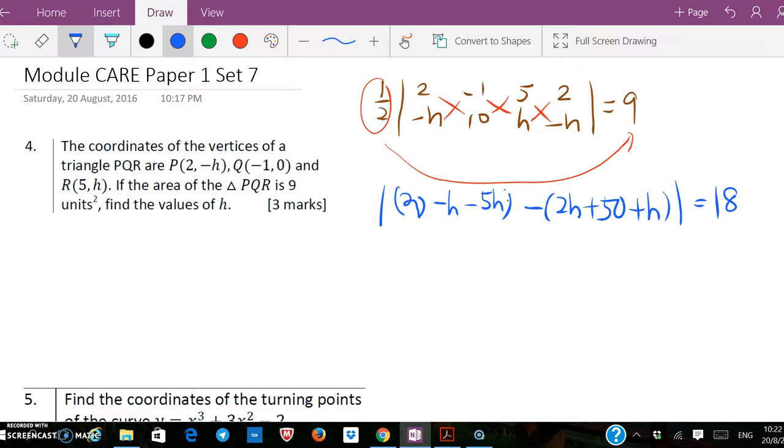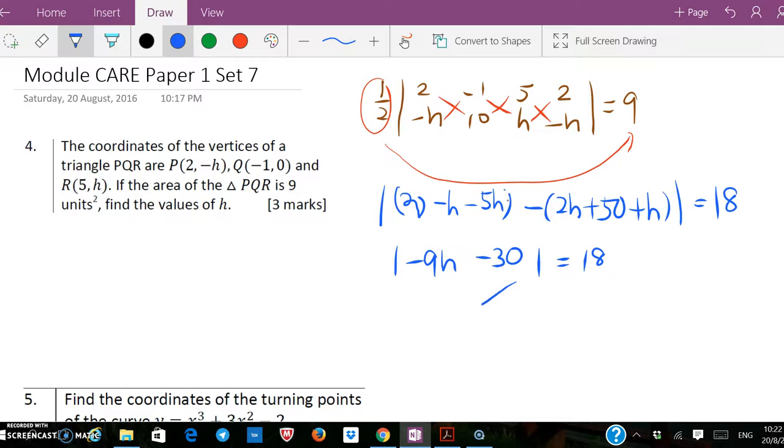For the second mark, you have to do 20 minus 50 is negative 30, modulus 18. So negative h minus 5 is negative 6h. Negative 6h minus 3h is negative 9h minus 30.